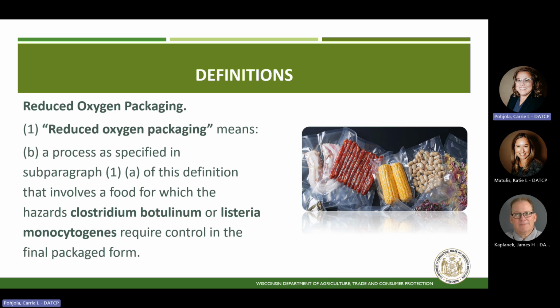Continuing the definition of reduced oxygen packaging, it is a process as specified in subparagraph 1A of this definition, which we discussed in the prior slide, that involves a food for which the hazards Clostridium botulinum or Listeria monocytogenes require control in the final packaged form.